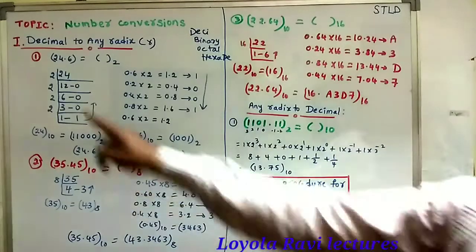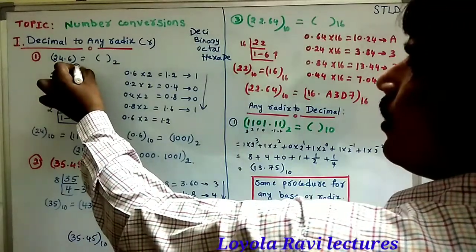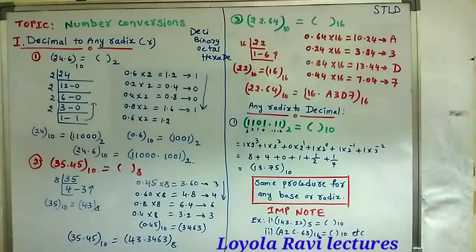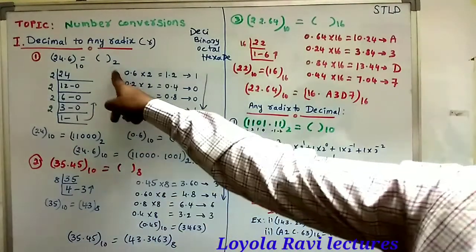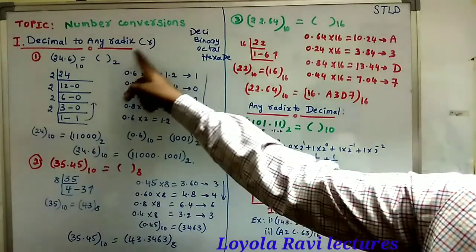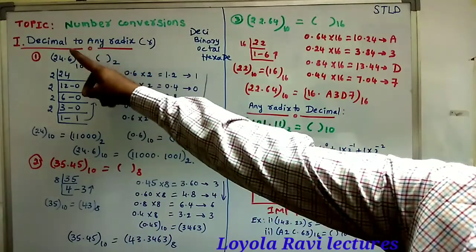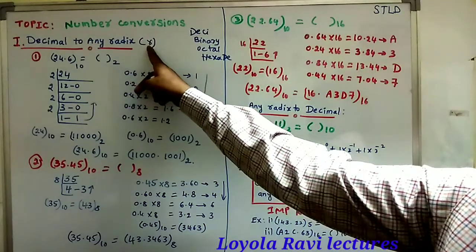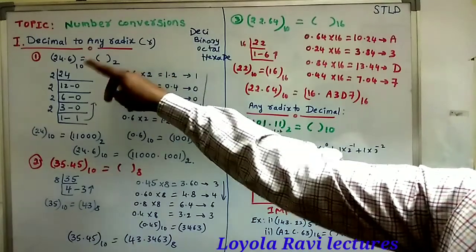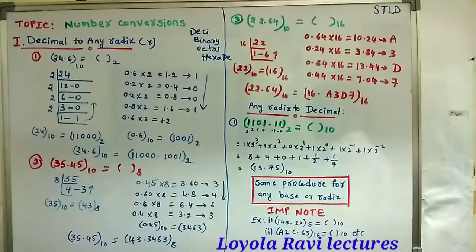For example, I am taking 24.6, a decimal number. I am going to convert it into binary. Decimal to binary. Here, decimal to any radix, in place of r I am taking 2. If I take decimal to base 3, base 4, base 5, base 6, any radix we can take, no problem.